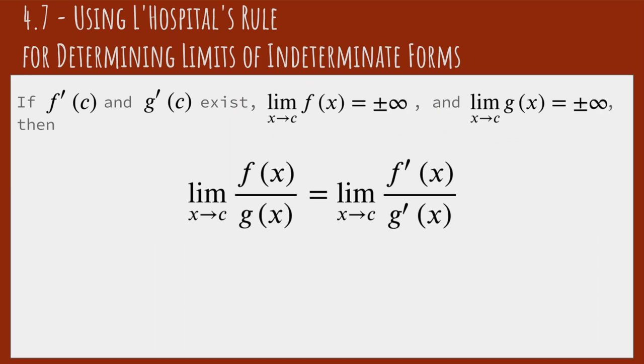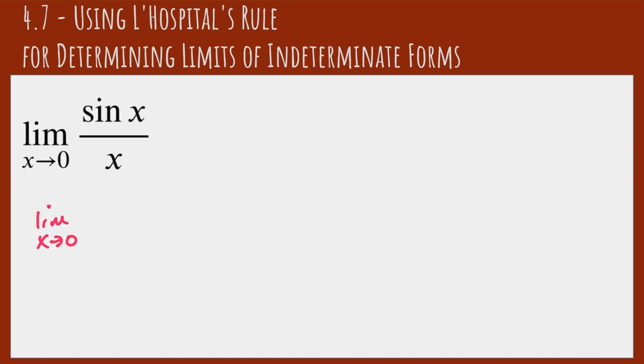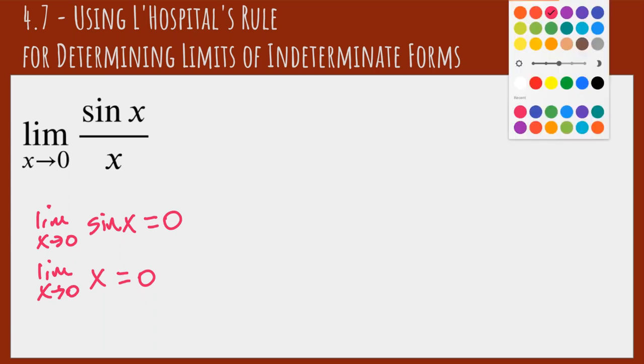So if we're going to use L'Hopital's rule, we first need to show that those limits are both 0. So the limit as x approaches 0 of sine of x is 0. The limit as x approaches 0 of x is 0. So by writing this on my paper, I'm showing that I know that this is a limit in the indeterminate form 0 over 0. And so what I can do then is rewrite this limit.